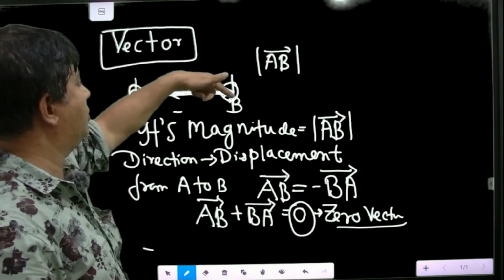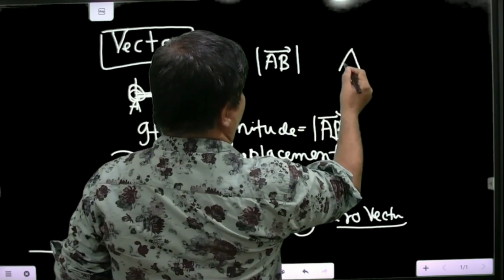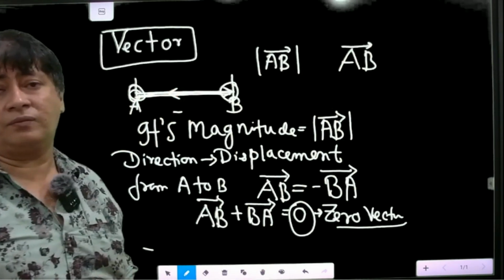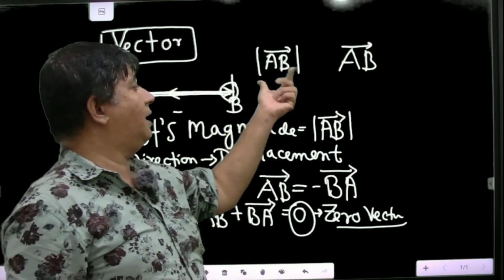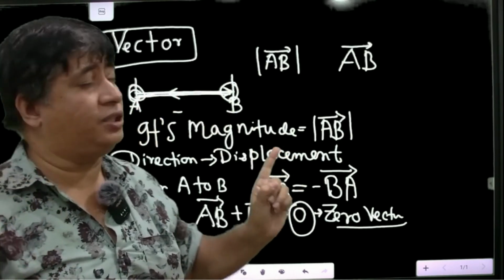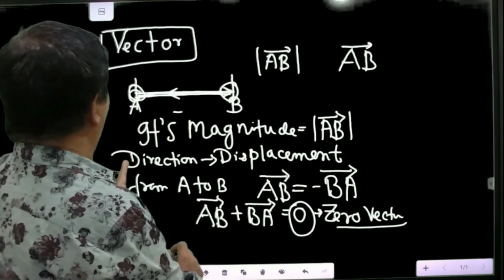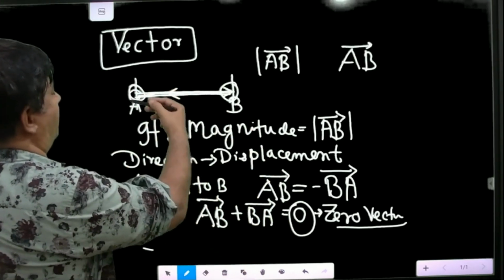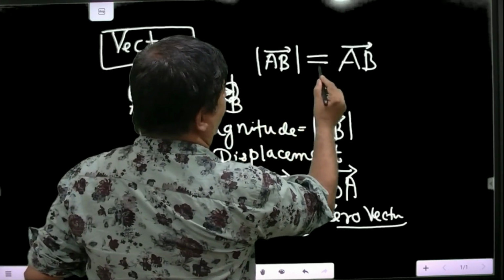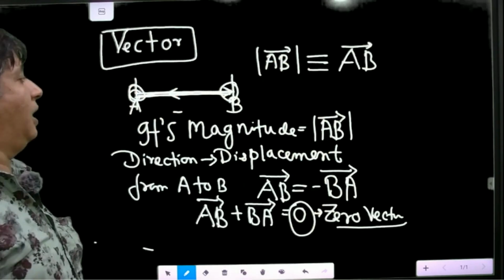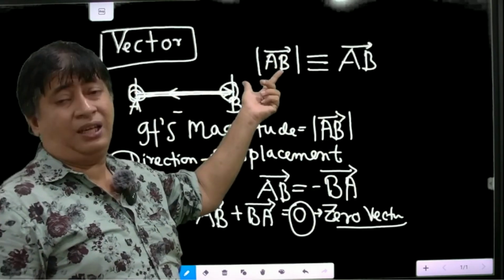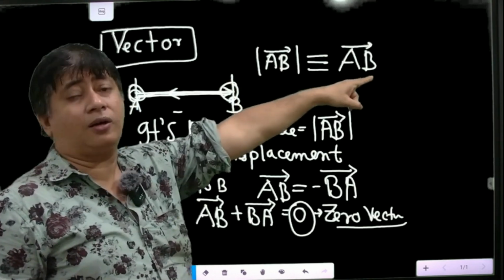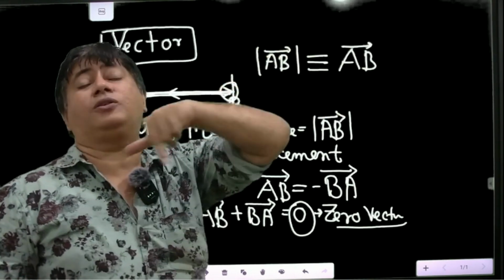It moves from A to B. Now the question is, can I put an equal to sign? No, because this is a scalar value, only magnitude. But once it displaces from A to B, we have the direction from A to B. So put an equivalent sign. So this unit displacement is equal to the movement from A to B.